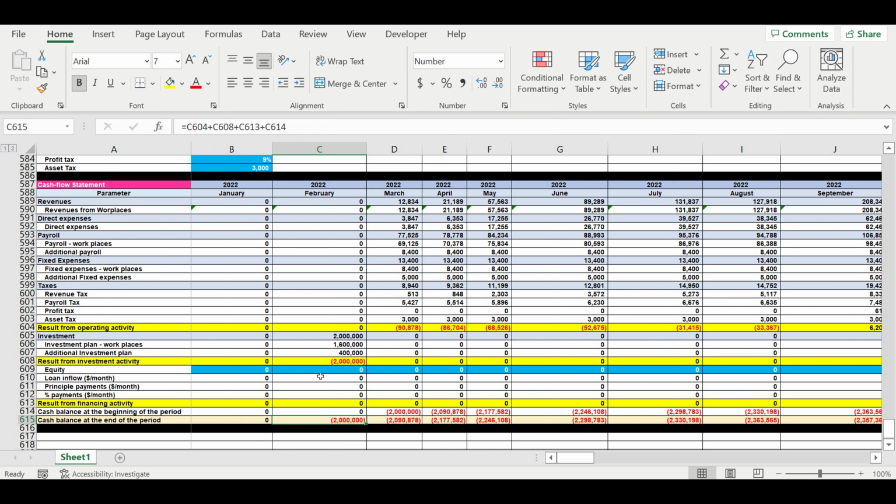For example, let's do it manually and using only money from our pocket. So for example, we are looking at this line and putting to equity this value with an opposite sign. So this is negative, so first we are putting $2 million. Then in March we need this amount of money. Let it be like this.